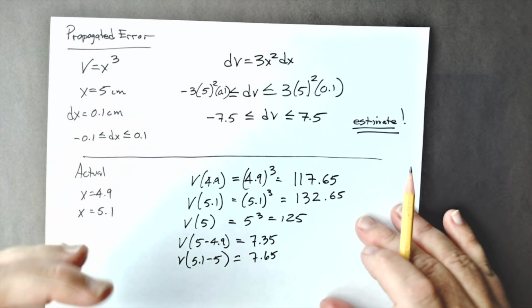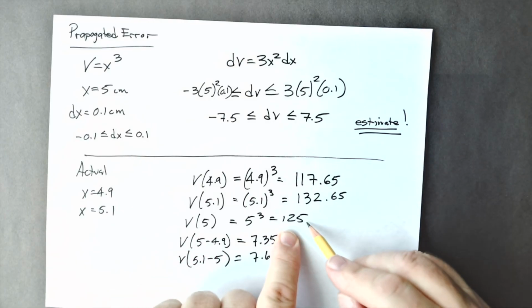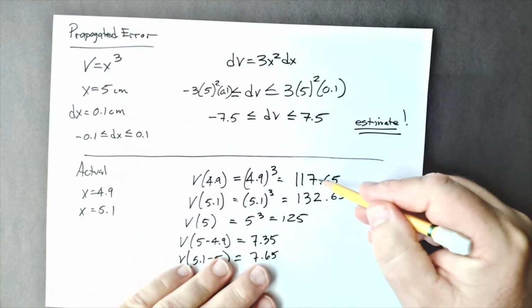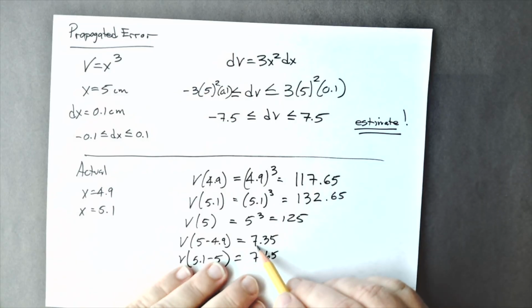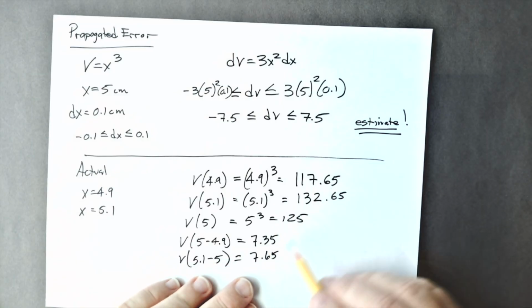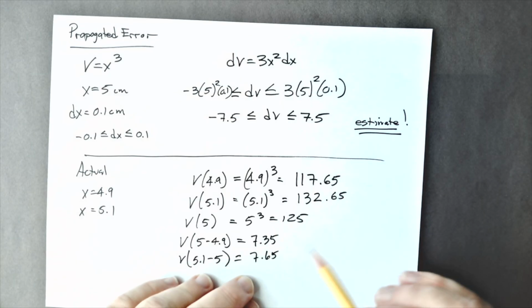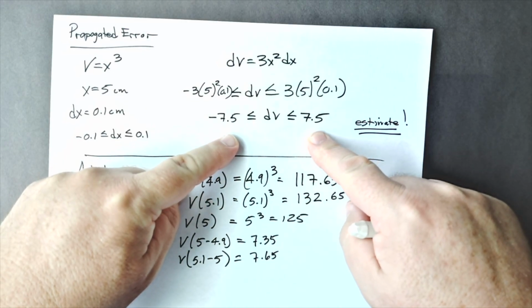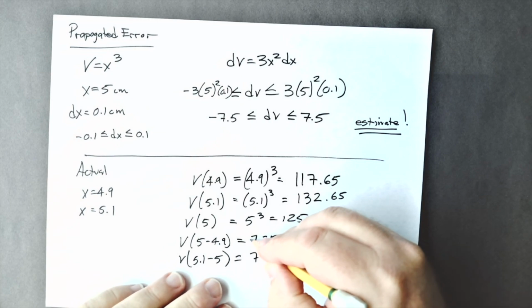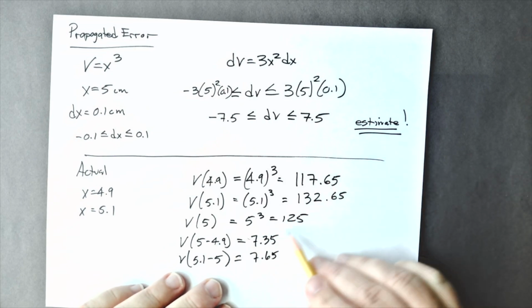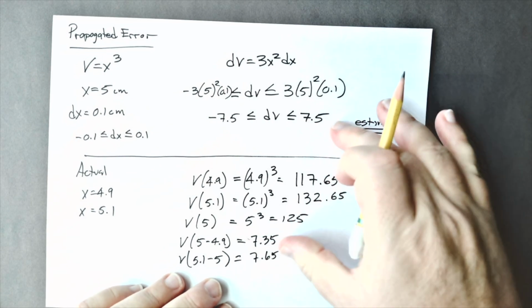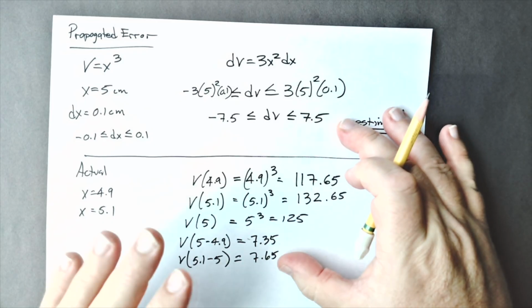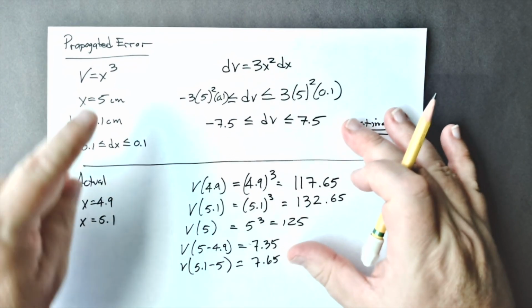If it was spot on right at 5, we know the actual value would be 125. So the delta here on the low end is 7.35. The delta on the high end is 7.65, which is really close to these estimates here. I suppose I could put a negative here because that's a change here in this value. So again, those are pretty good estimates. Not exact because they're estimates. And that's propagated error.